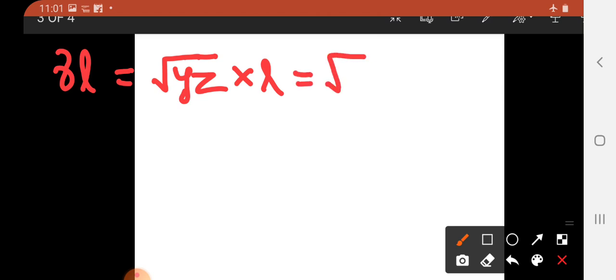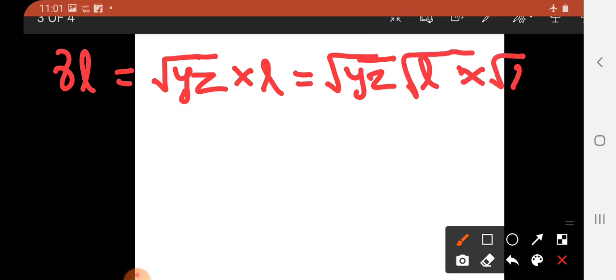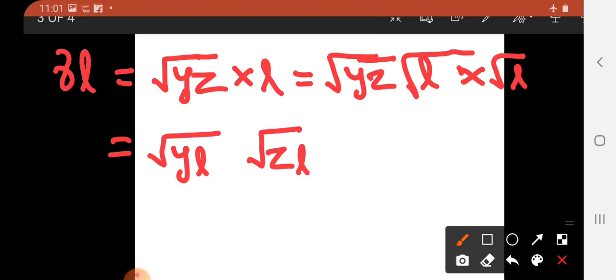Gamma is square root of y z into L. Now I can also write this as square root of y z into L, root of L into root L. Yes, can I write like this? Then square root of y into L and square root of z into L.